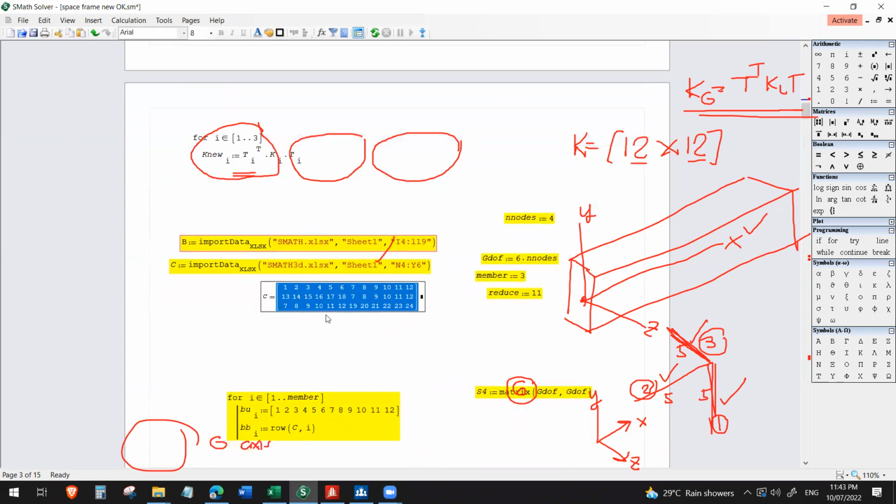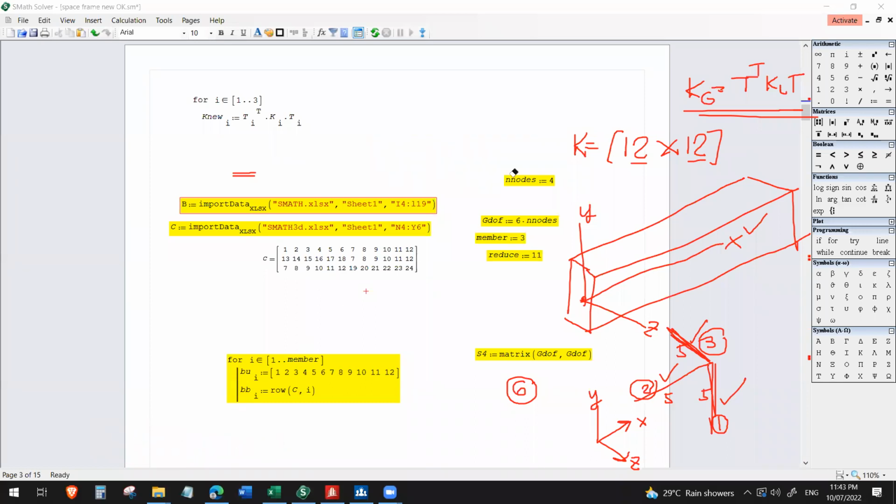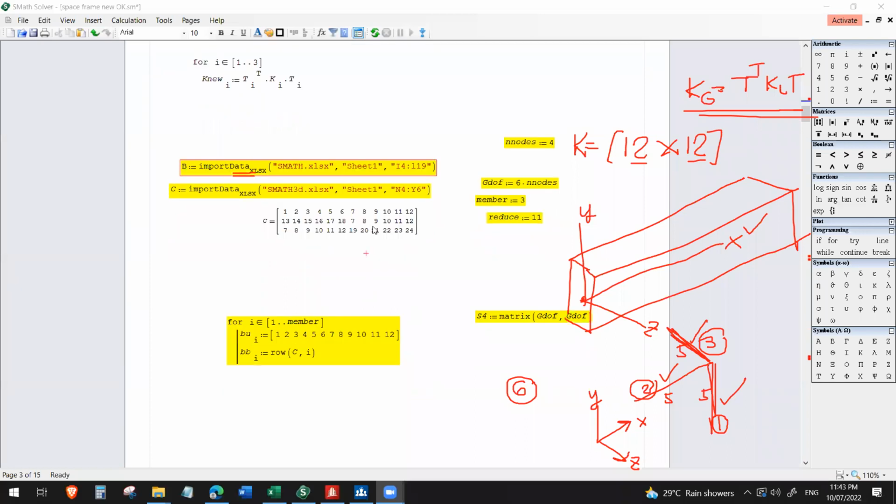Here, these are the incidences that are required in our formulation of the structure stiffness matrix. So for example, to further understand, I set here node 1, node 2, node 3, node 4.